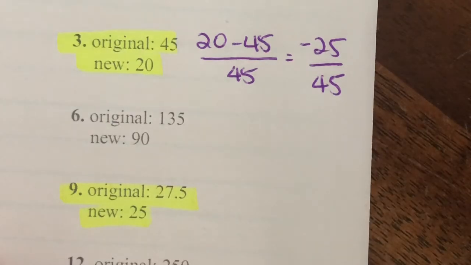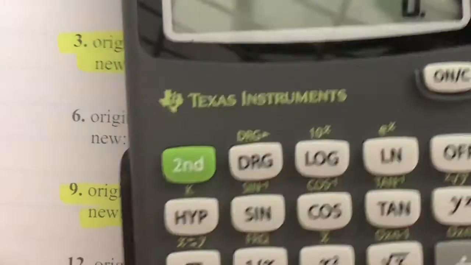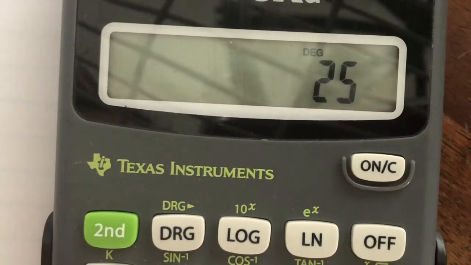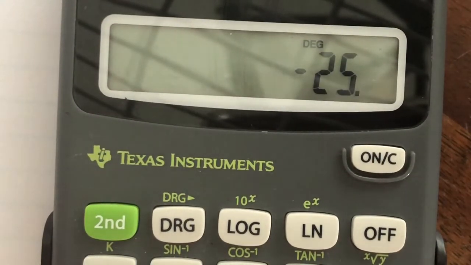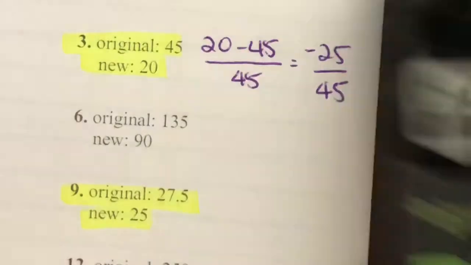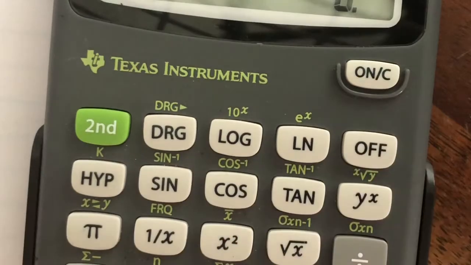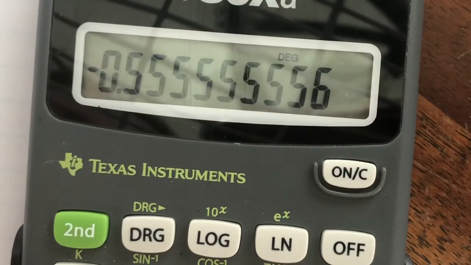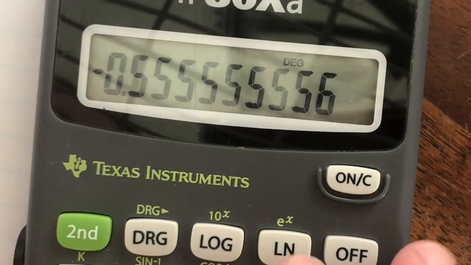That tells me it's a percent of decrease. And then negative 25 divided by 45. I get negative 0.555555.